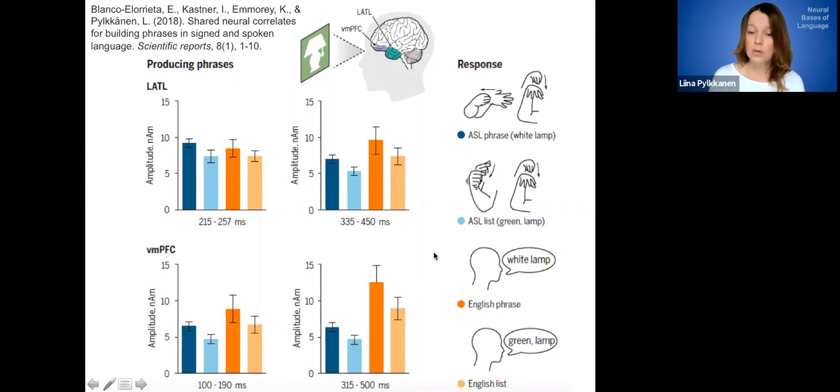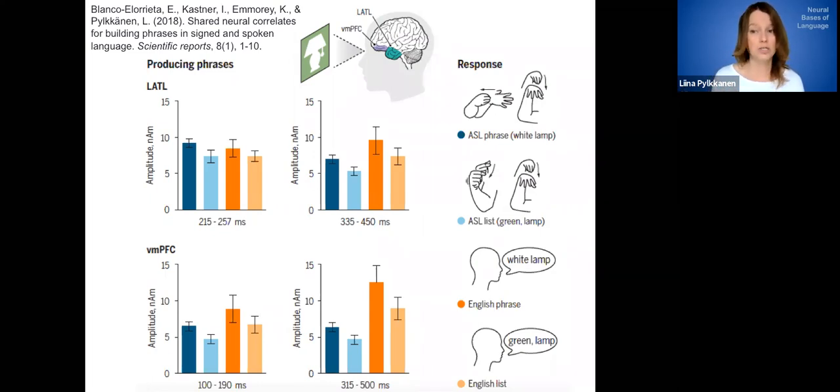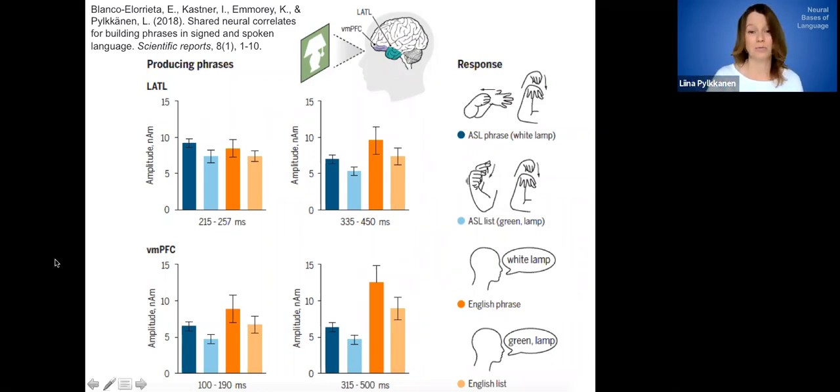And what I'm showing you here is two time periods during which there was a main effect of composition, so phrase versus list, no interaction with language. So two time windows during the planning stages during which sign language and spoken language, specifically ASL and English, seem to be doing the same thing, or at least a similar thing.